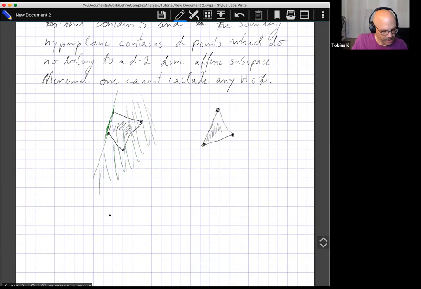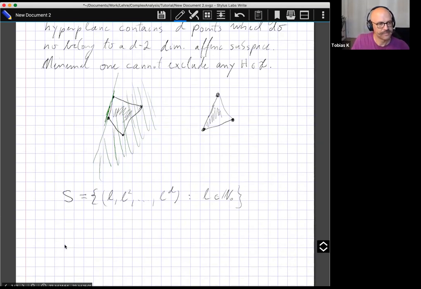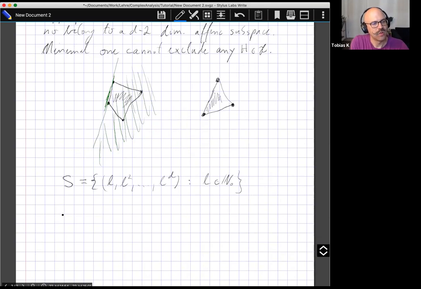Okay, so why is this kind of theorem of any use to us? To which kind of set S do I want to apply it? The set S I want to apply it to is the set of all vectors which look like (L, L squared, up to L^D), where L is in N0. So what is then the convex hull of S?